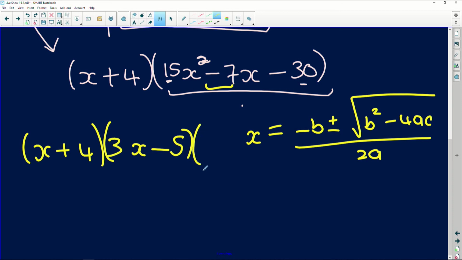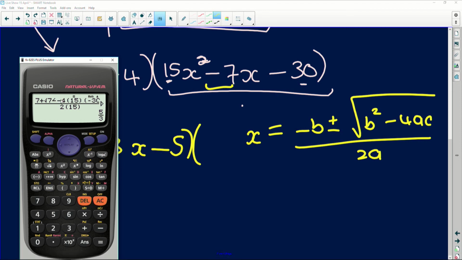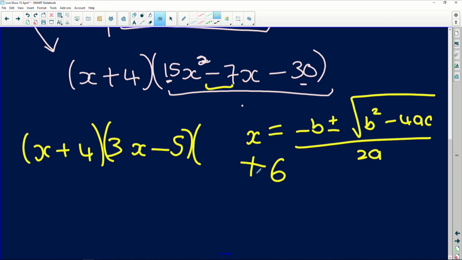Our next factor, easy when we go to our quadratic formula, we just need to change that sign because it was plus or minus. So we get negative 6 over 5. That means the 6 goes over here, positive over there, and 5x over there.